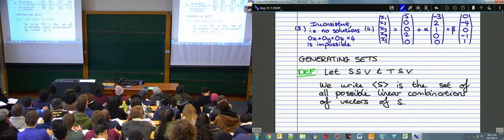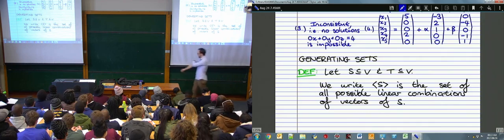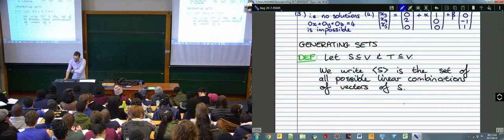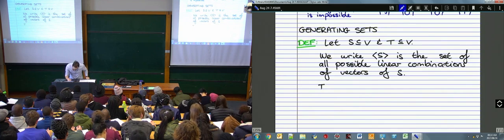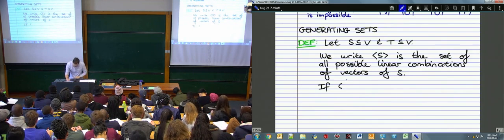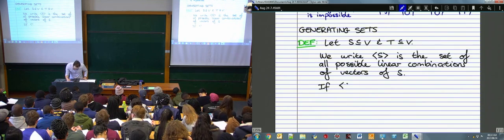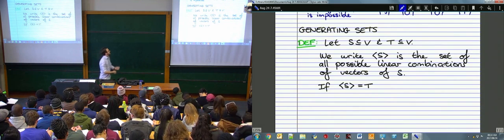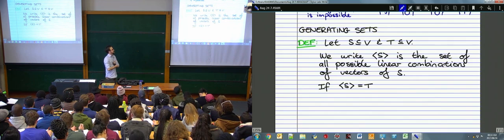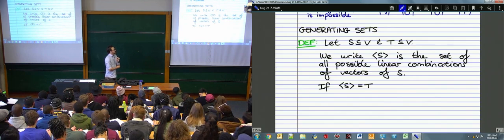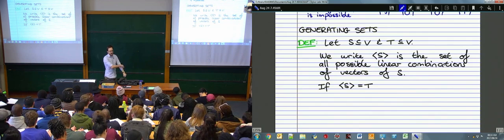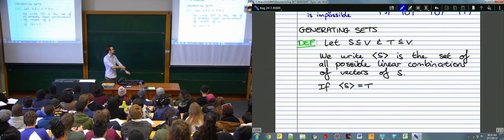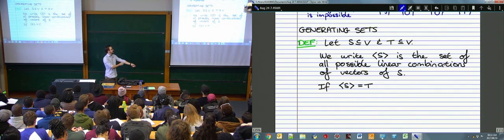And if this set of all the possible linear combinations is equal to T, then the wording that we're going to use is we're going to say either that S generates T, or that T is generated by S. Either of those, those are equivalent.